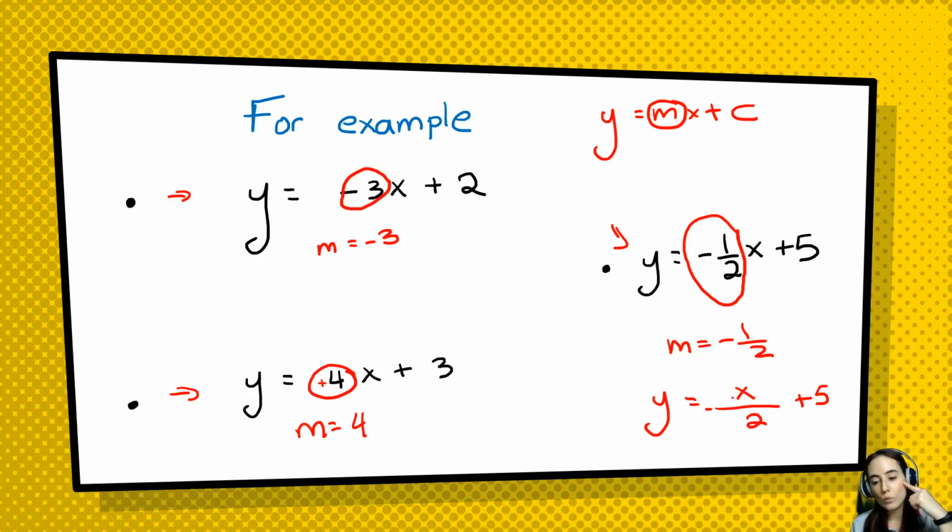When you don't see a number attached to x, remember x is 1x. Even though it's invisible, you can write it yourself if you want, it's actually 1 times x. So it's 1 half. When you don't see it, just keep that in mind. It's actually still a half.